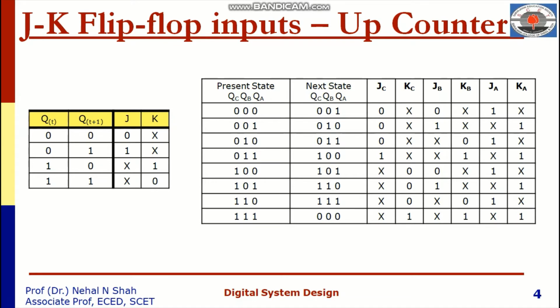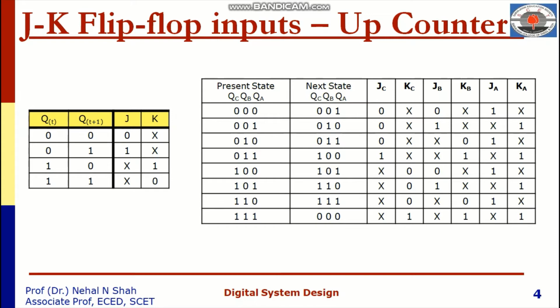Based on this excitation table, now we can identify the inputs for all 3 flip-flops. We will consider A, B, C. So A is the least significant bit. In this table, you can observe present state 0 and next state is 1.